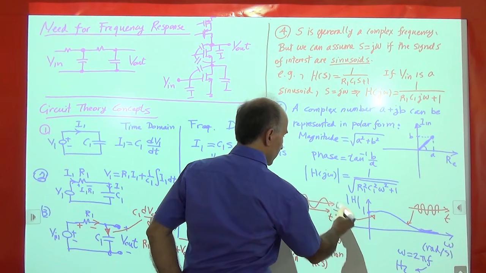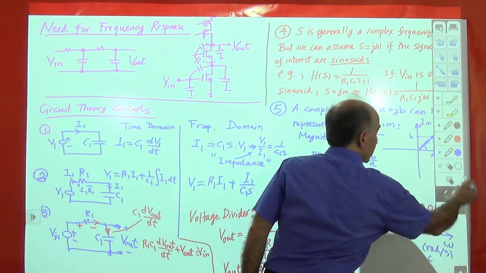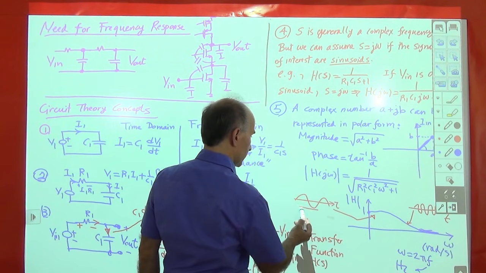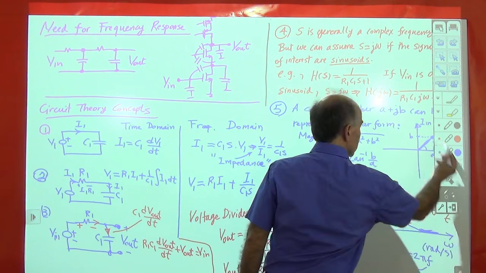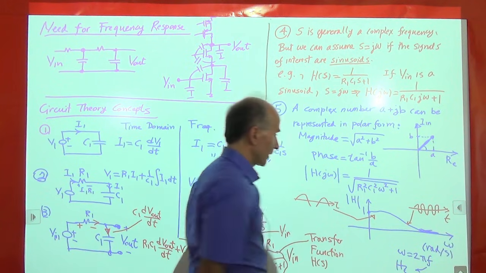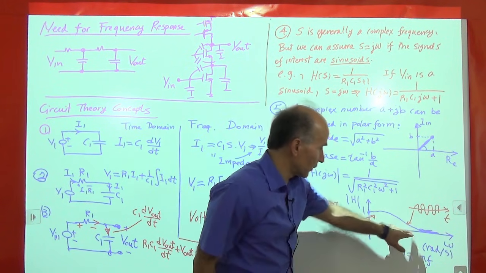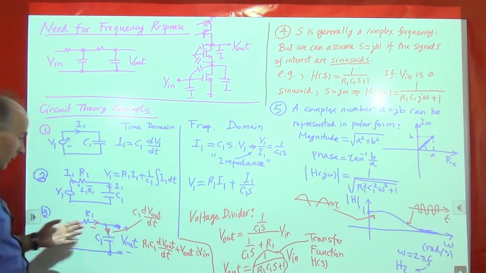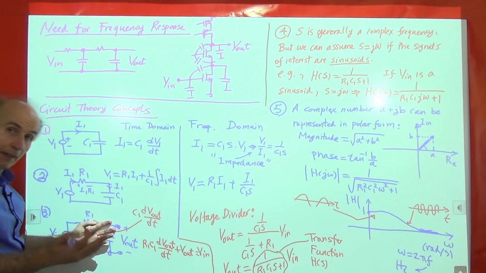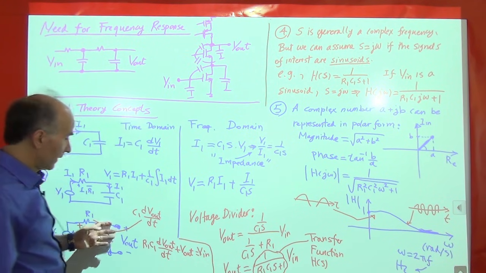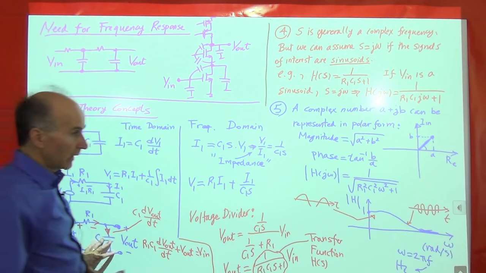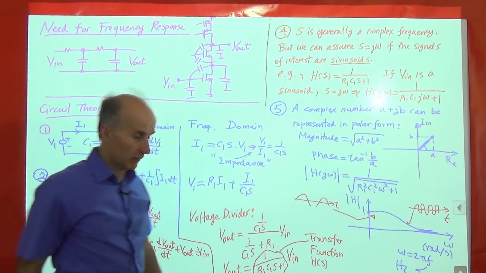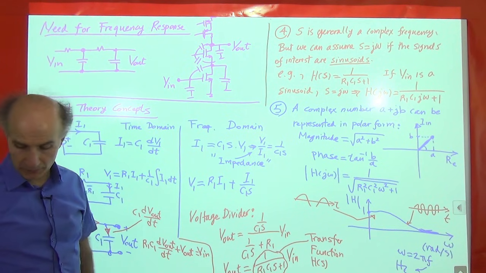All this should go really in the middle, assuming that there's no DC here. So let's not worry about that. That is the distinction between this region and this region. Here we are applying a low frequency. All of the low frequency is going to the output from the input. So the gain is about 1. But as we go to high frequencies, the circuit attenuates more, and then eventually we get nothing at the output. All right, so that's an example of the frequency response of a circuit.